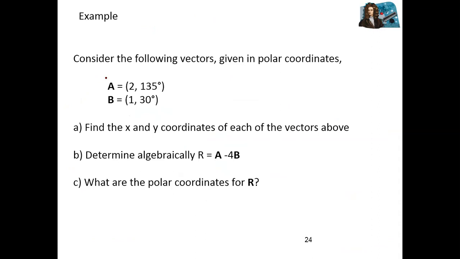This is a vector A. Two things are given: the length is 2, and the angle is also given. The angle is equal to 135. So how can you find the x component and y component? Draw, let's suppose we have x and y, and a vector is given. The angle here is 135.